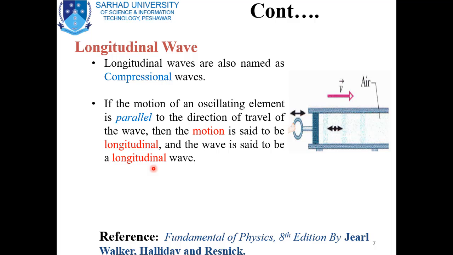As earlier in the transverse wave, crest and trough are formed, here compression and expansion are formed. So the pattern in which compression and expansion are formed is known as the longitudinal waveform. Examples of longitudinal waves are sound and spring waves.